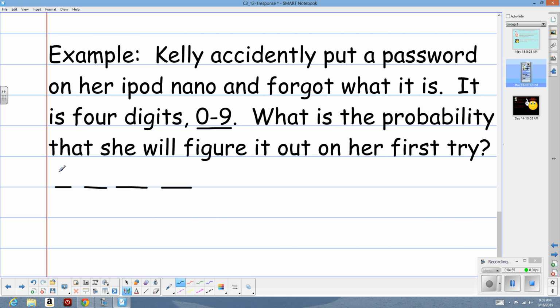So there's 10 choices for the first number, 10 choices for the second, 10 for the third, and 10 for the fourth. Now, if you multiply those all together, 10 times 10 times 10 times 10, you get 10,000 possible passwords.